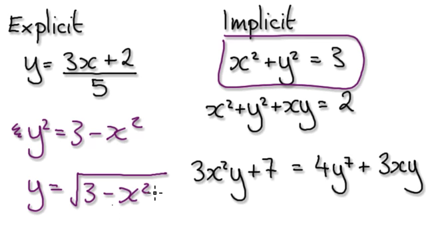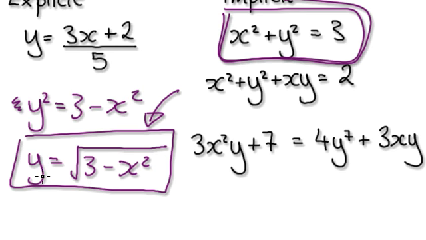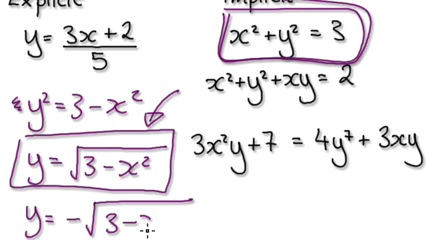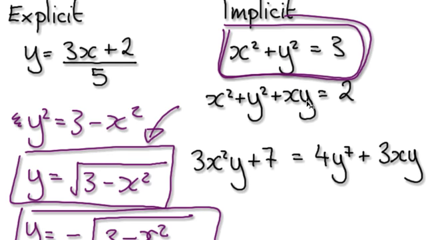Given this implicit equation, we can turn it into an explicit equation, because you've got y equals this. The other one would be y equals minus root 3 minus x squared, the negative version. So this is also an explicit equation, and this here is an implicit one.